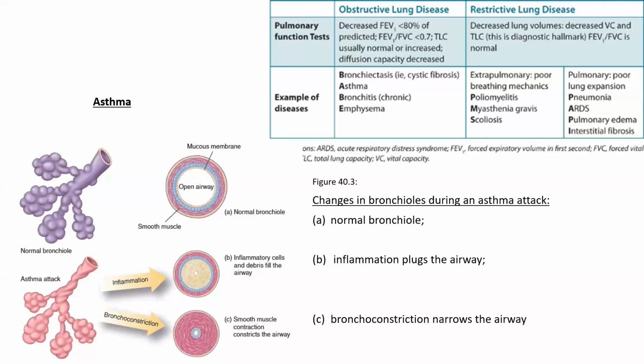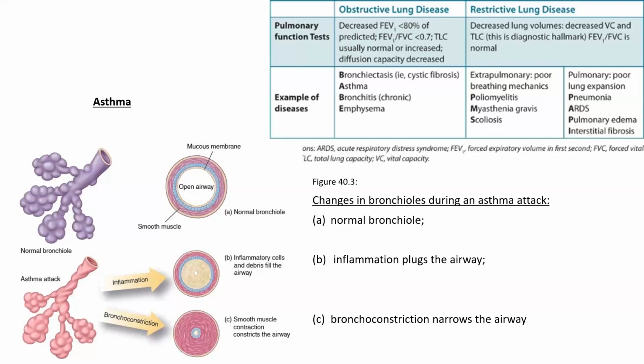There are two different types of lung disease. One is obstructive, and the other is called restrictive lung disease. This slide shows some of the obstructive lung diseases, like bronchiectasis, cystic fibrosis, asthma, emphysema, like COPD, or bronchitis, which is the chronic type.